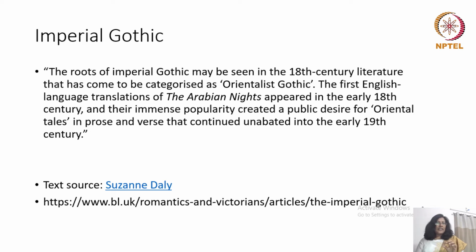The English translation of the Arabian Nights appeared in the early 18th century, and their popularity with the British reading public created this huge demand for Oriental tales, tales from the East, both in verse as well as in prose, and this was sustained throughout the 18th century and up to the 19th century. So you can see its peak coming towards the turn of the 19th century.